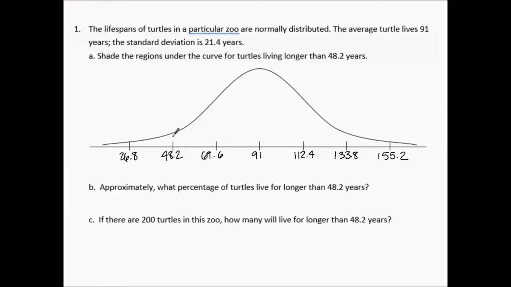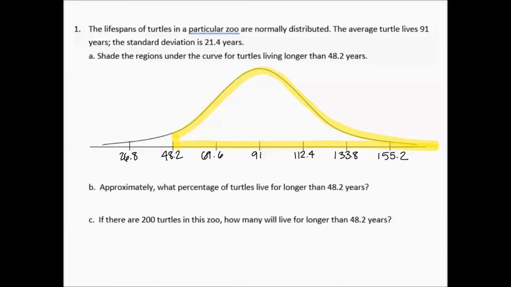So we want to know which sections of this curve account for the turtles living longer than 48.2 years. 48.2 is here. So that means this region is all of the turtles that live longer than 48.2 years.